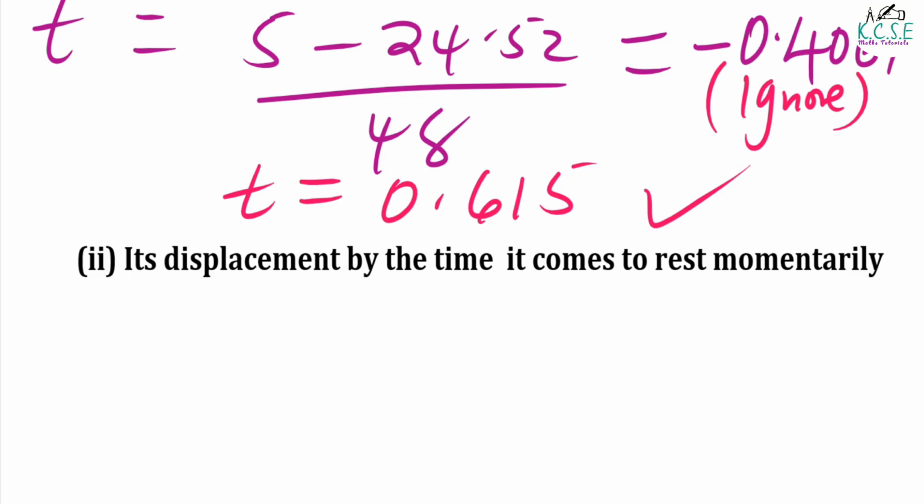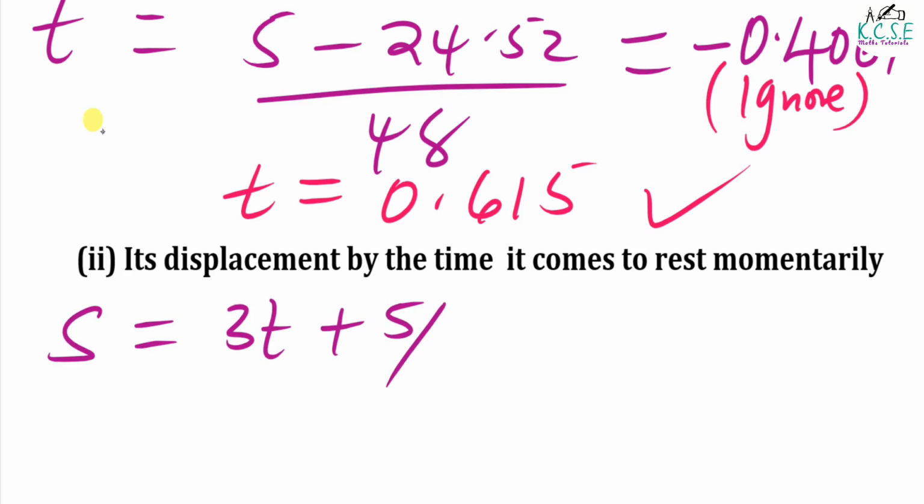Now let's go to the other part of the question, which is about the displacement by the time it comes to rest momentarily. So let's first write the expression for displacement, that is 3t plus 5/4 t squared minus 4t cubed plus 8.